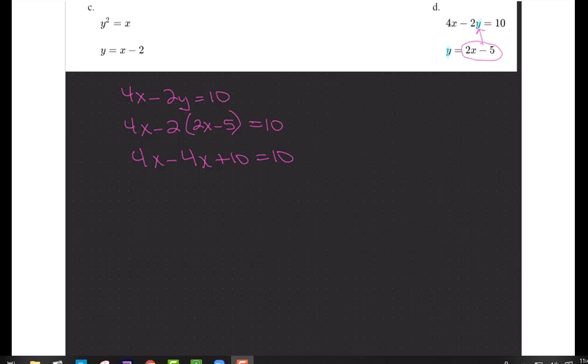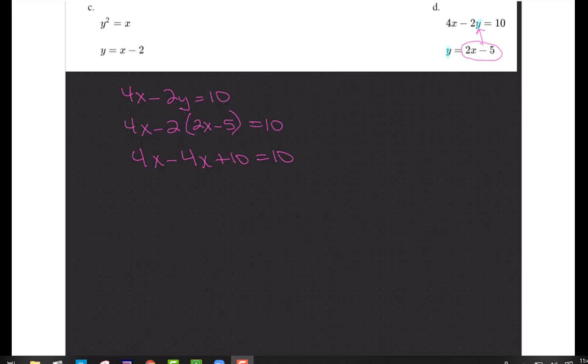Did you guys get the same thing? Yep. Now what are we going to do? A quadratic would be when our exponent is 2, right? Maybe we could combine some like terms. You can combine the 4x's.